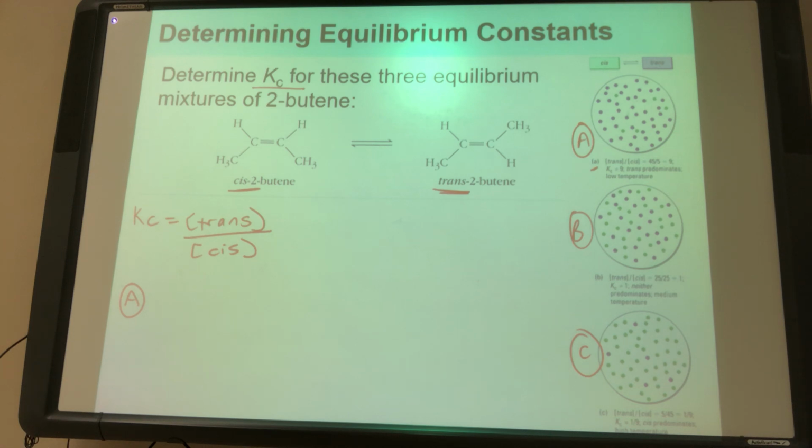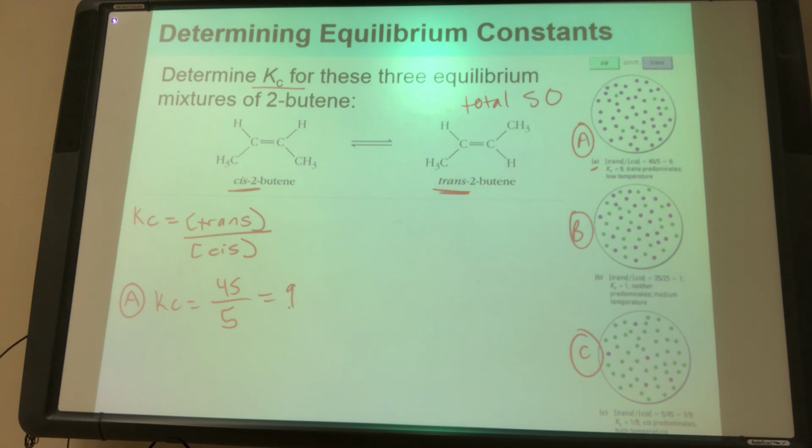So if you count them up, there are 1, 2, 3, 4, 5 green. And there are a total of 50. So I'll let you know so you don't have to sit here and count all of these. There's a total of 50 dots. So if 5 of them are green, because that's easier to count, then that means the other 45 are purple. So that gives me 9.